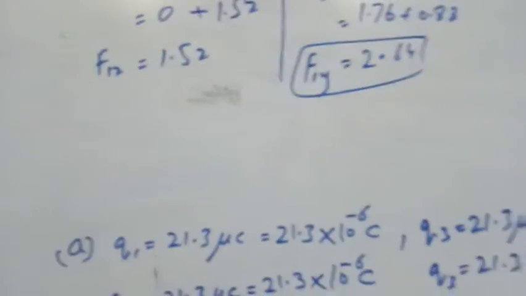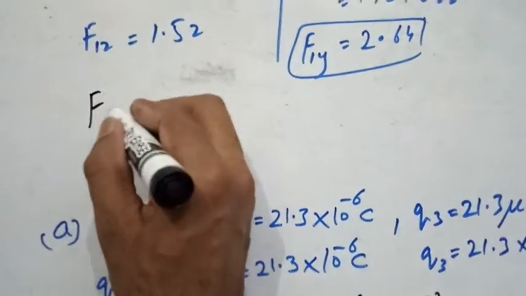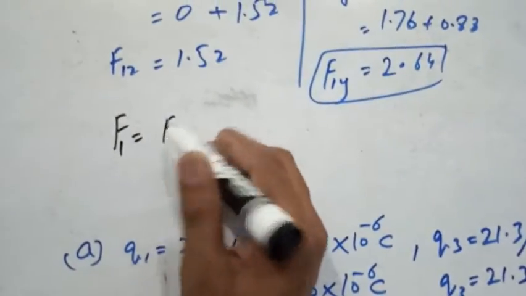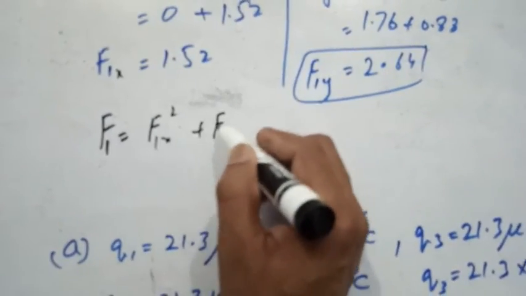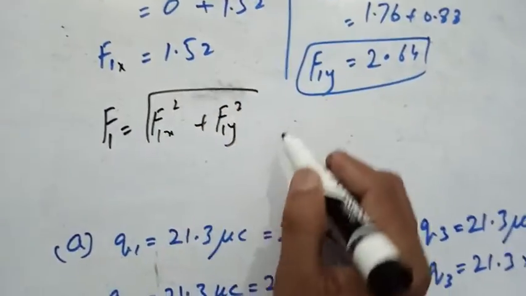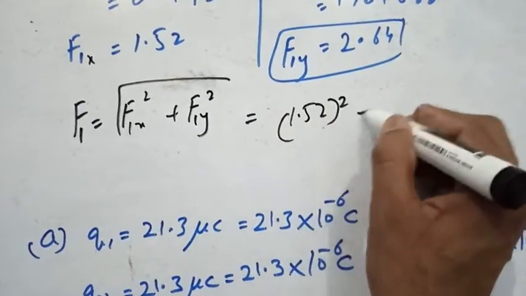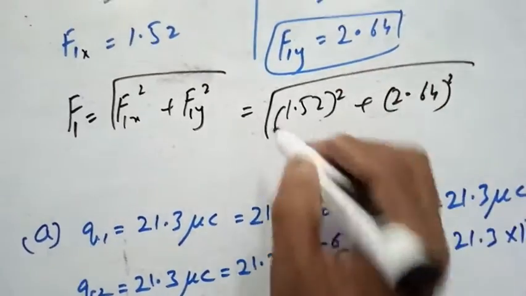Now the magnitude of the resultant force is calculated as F1 equals the square root of F1x squared plus F1y squared, that is 1.52 squared plus 2.64 squared.